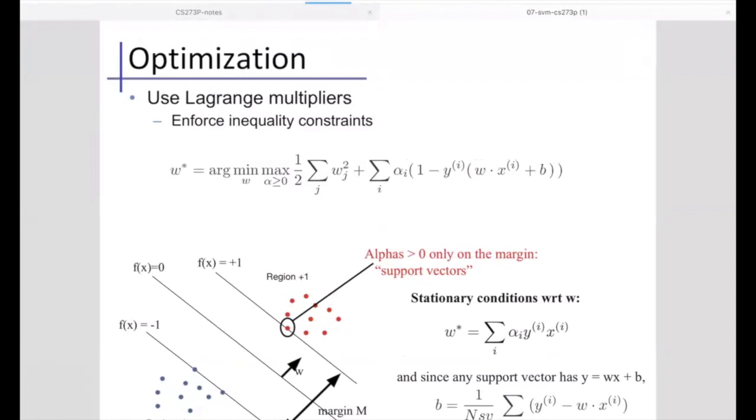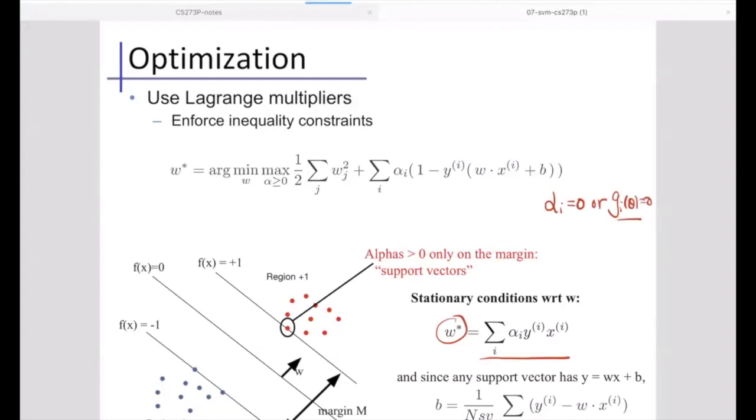The optimal solution to this problem, w, is going to be the summation of alpha_i y_i x_i. And remember what we said previously: either alpha_i is going to be equal to 0, or g_i is going to be equal to 0.